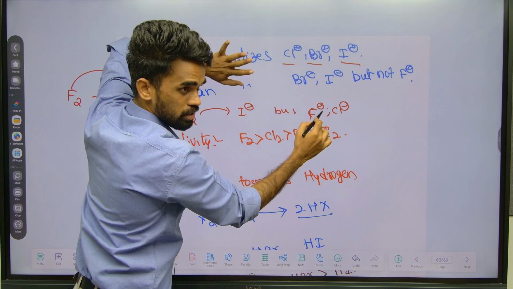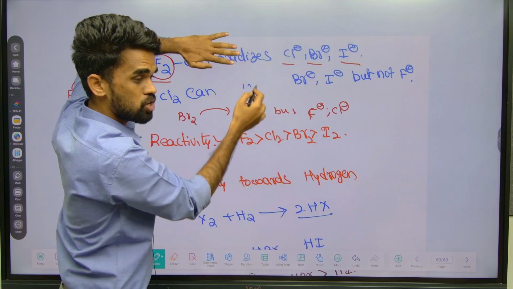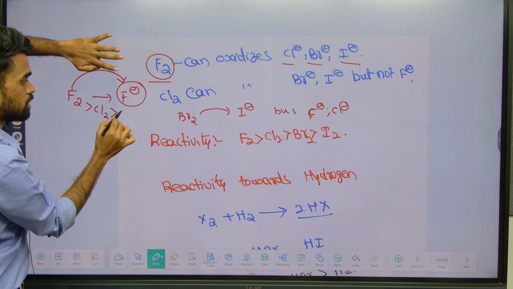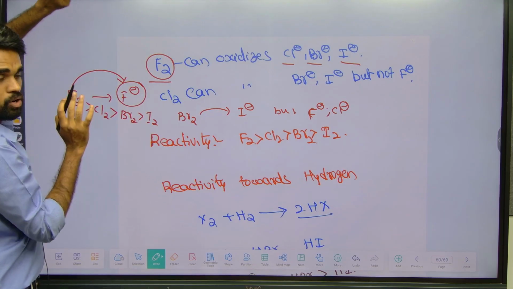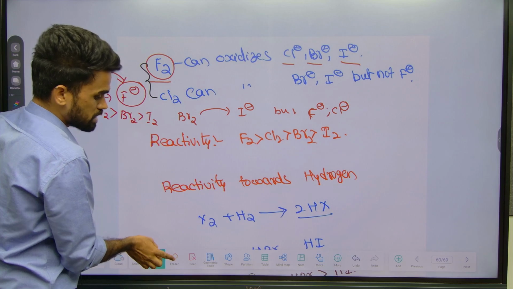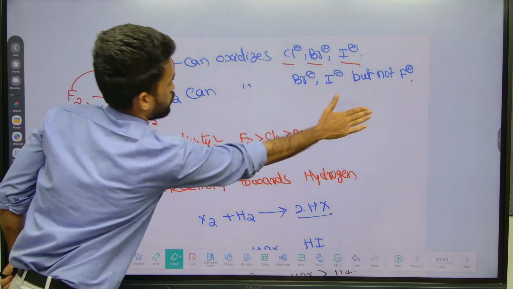Is this clear? So this is based on what? Their oxidizing nature. So which is the strongest oxidizing agent? Fluorine. Next, chlorine. Next, like that. Finally, iodine. Okay. So these two statements you write. We even discussed this in the electrochemistry part also, if you remember.